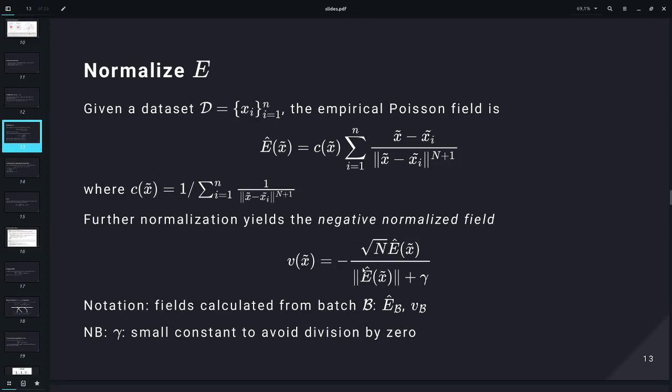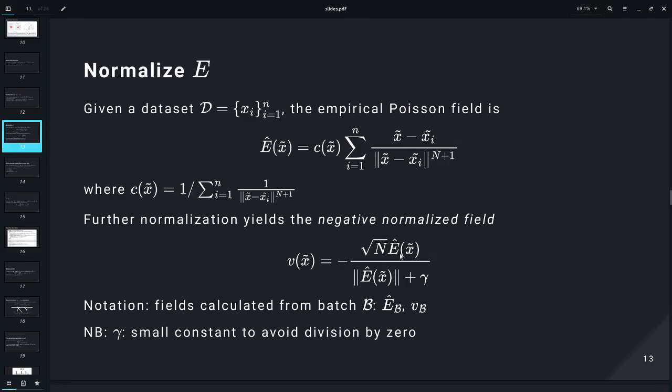And so then you can always further. And what's the need for this negative normalized field? So they mentioned that they want to avoid fluctuations in this norm here. So even though this is already more or less normalized, technically there's still, I think it's not quite normalized, but almost.